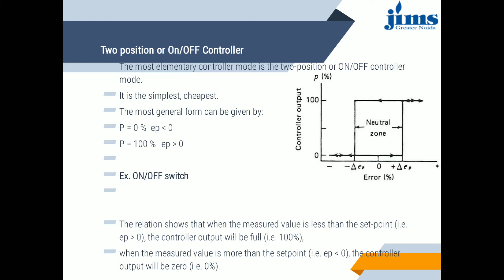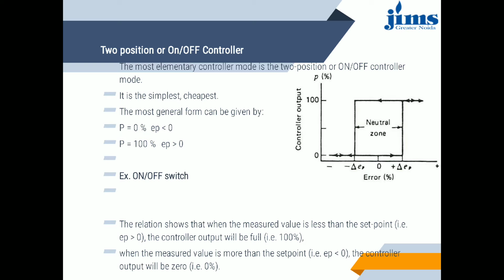So, the block diagram of the two position control is shown. In the on-off controller, there is an overlap as the error increases through 0 and decreases through 0. This overlap creates a span of error. During this span of error, there is no change in the controller output.